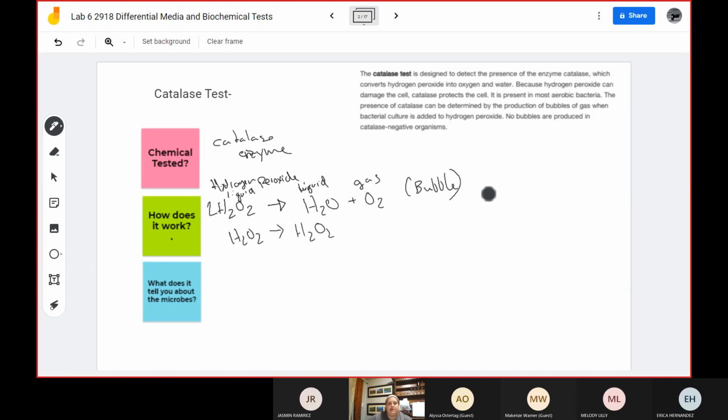So this test would be positive for the catalase enzyme if you see bubbles. No bubbles, it would be negative for the catalase enzyme. And what does this tell you about the microbe? It just tells you whether or not it has the catalase enzyme.